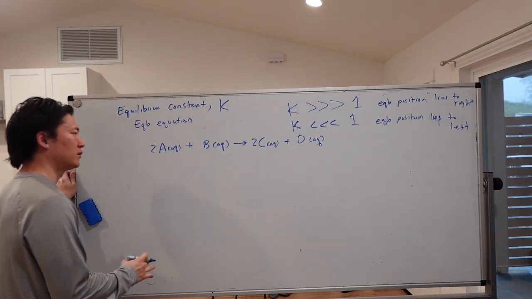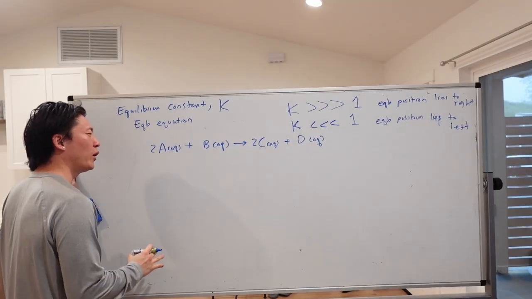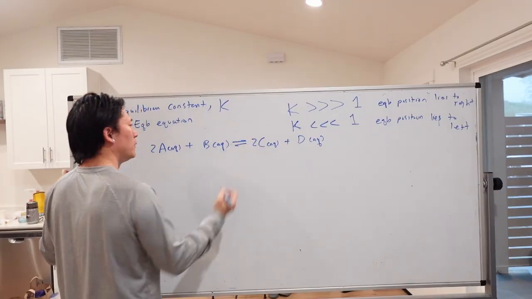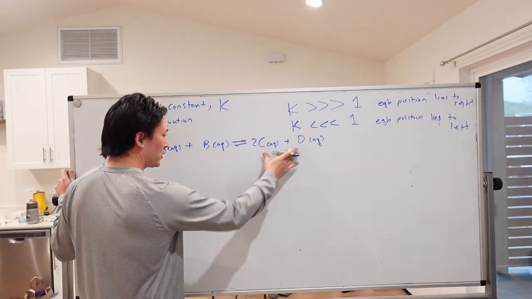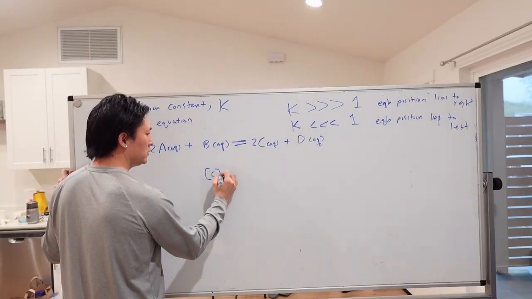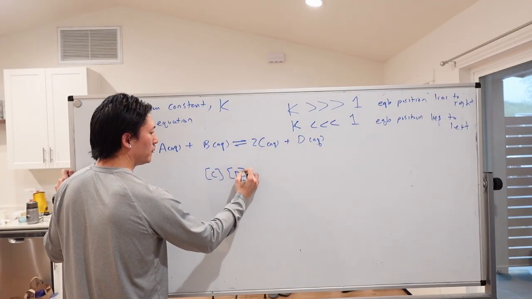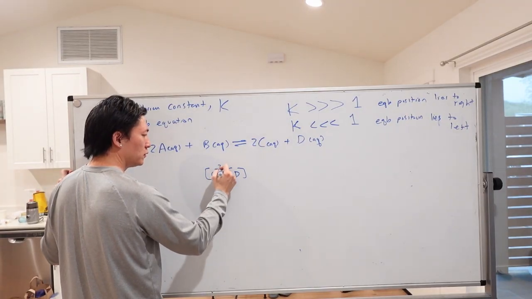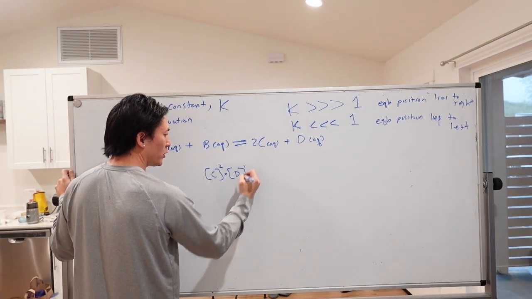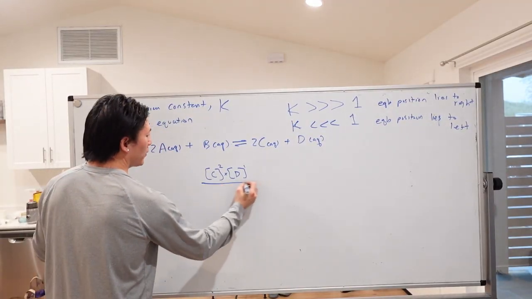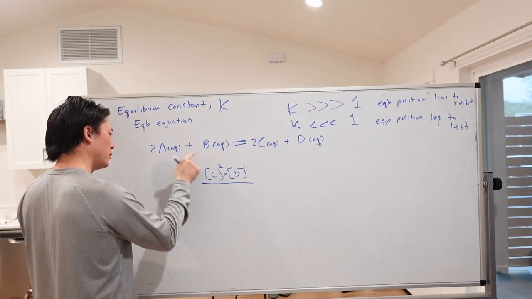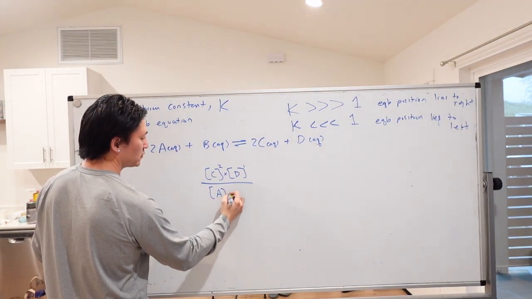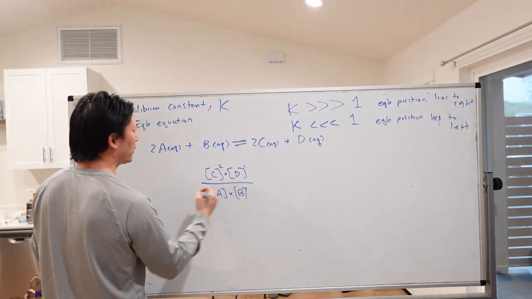So if I told you to write the equilibrium equation for this reaction, you can say, okay, I have the products multiplied by each other, C times D, raised to the corresponding coefficients, so 2 for C, and there's a 1 in front of the D, so we can put a 1 there, divided by the multiplication of A and B, the reactants, raised to their corresponding coefficients.